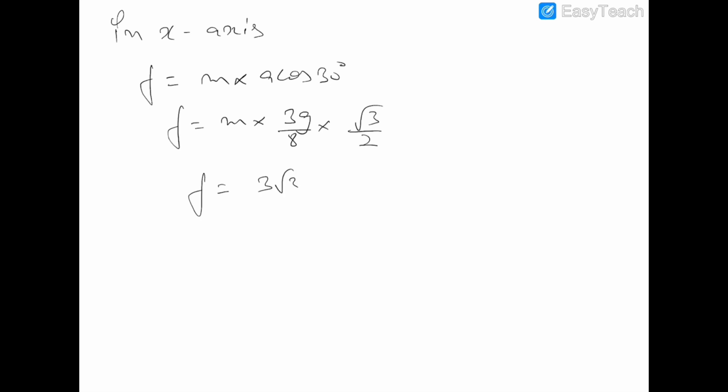So F will be equal to m into A cos 30. So F is m, A is 3g by 8, and cos 30 is, in fact cos 30 is root 3 by 2. So F is equal to 3 root 3 mg by 60.